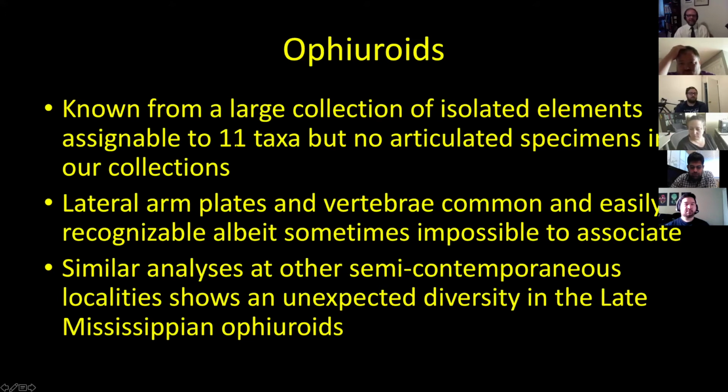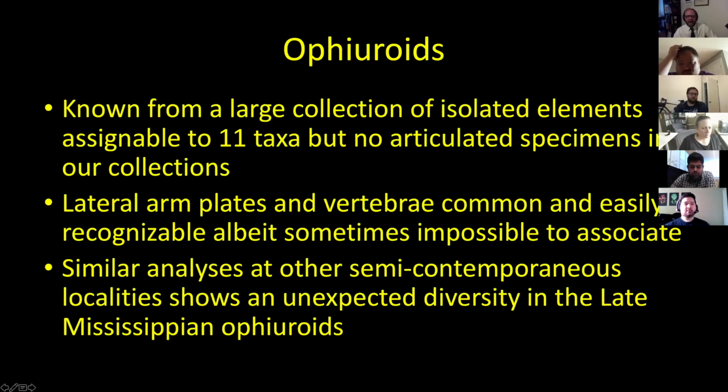At this particular locality, we have 11 taxa, but we don't have any articulated specimens. The lateral arm plates and the vertebrae are ubiquitous in this material. They're very easy to identify once you know what they look like.